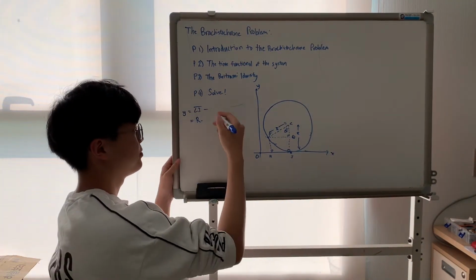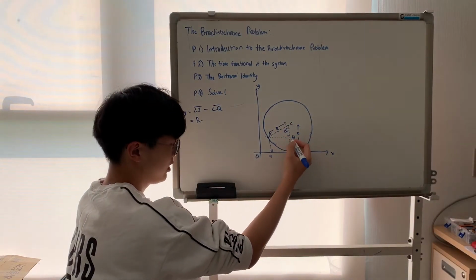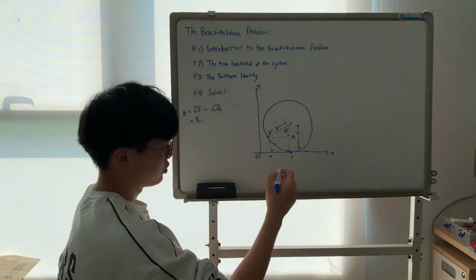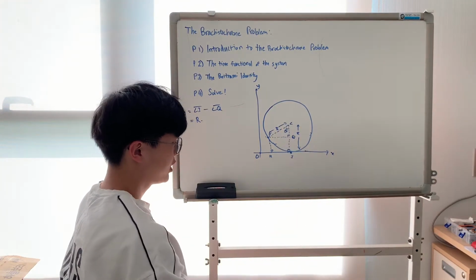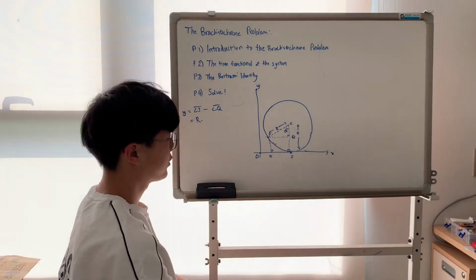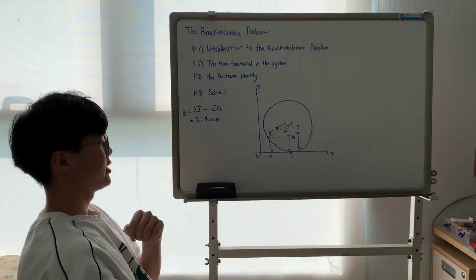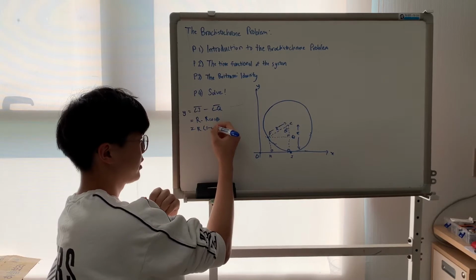Yeah, CQ, because it's CI minus this, and we get this length over here. And what would CQ be equal to? Well, CQ is the adjacent side of theta, at the center point, and so we can say that it's equal to R cosine of theta. This gives us the y-coordinate of P as R times 1 minus cosine of theta.